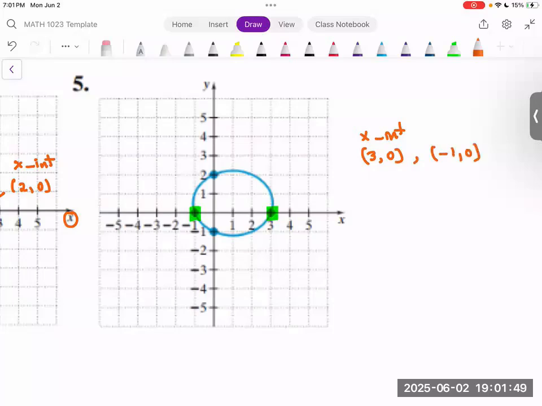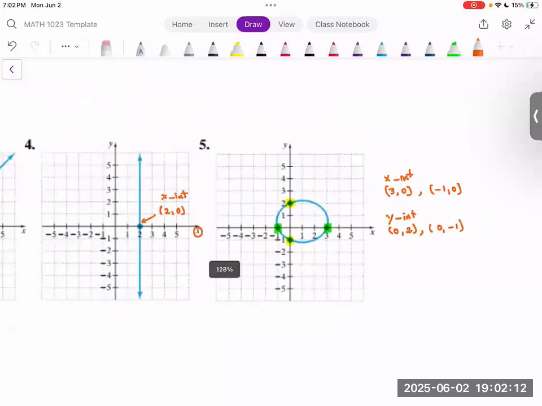We good? Now, if I move to the y-intercepts, these 2 points here, the yellow shaded, are going to be your y-intercepts. There, you have 1 point at 0, 2, and the other point is 0, minus 1, right?